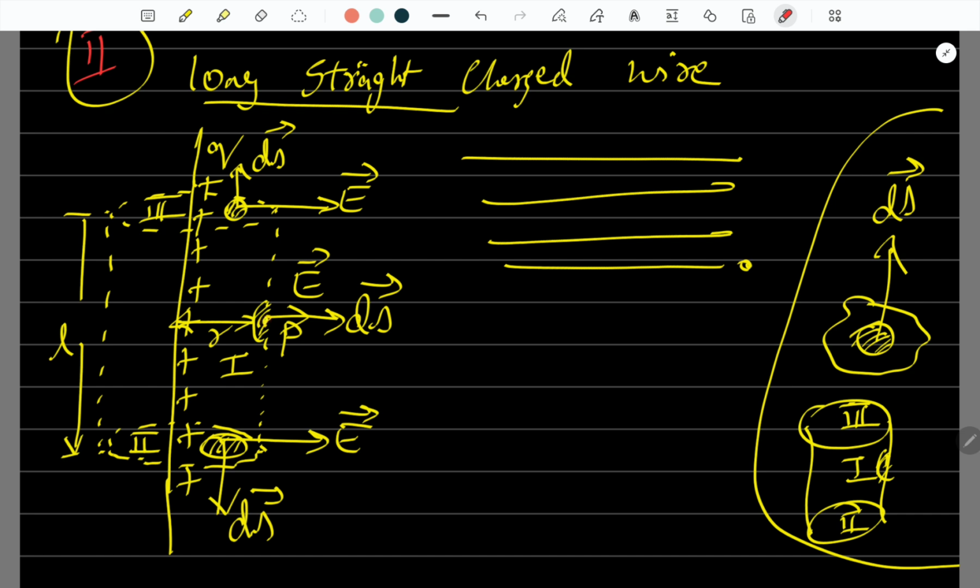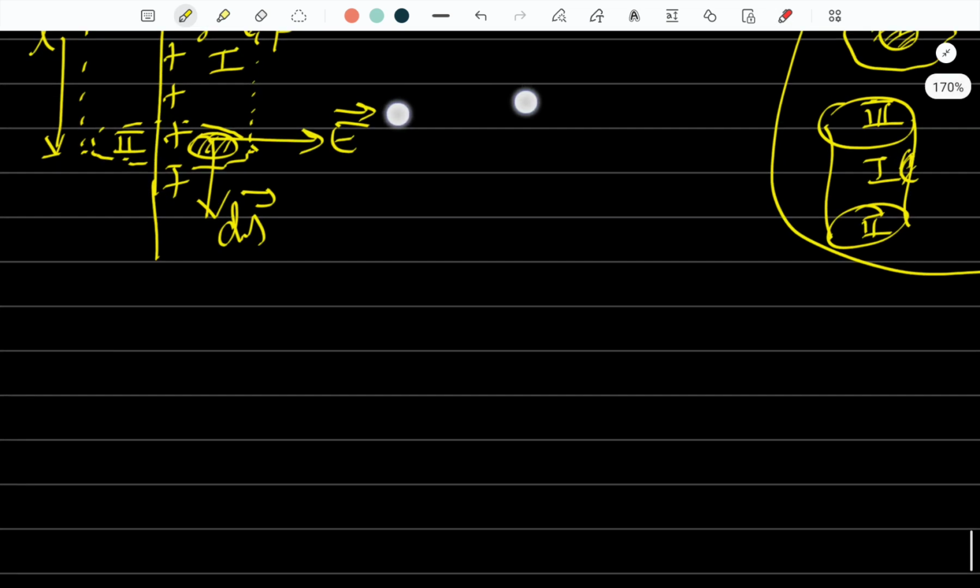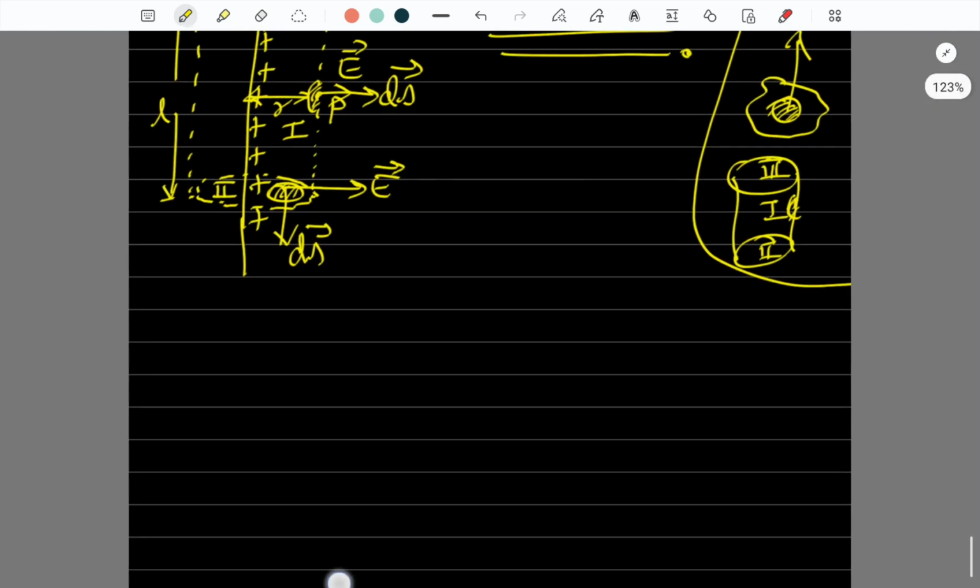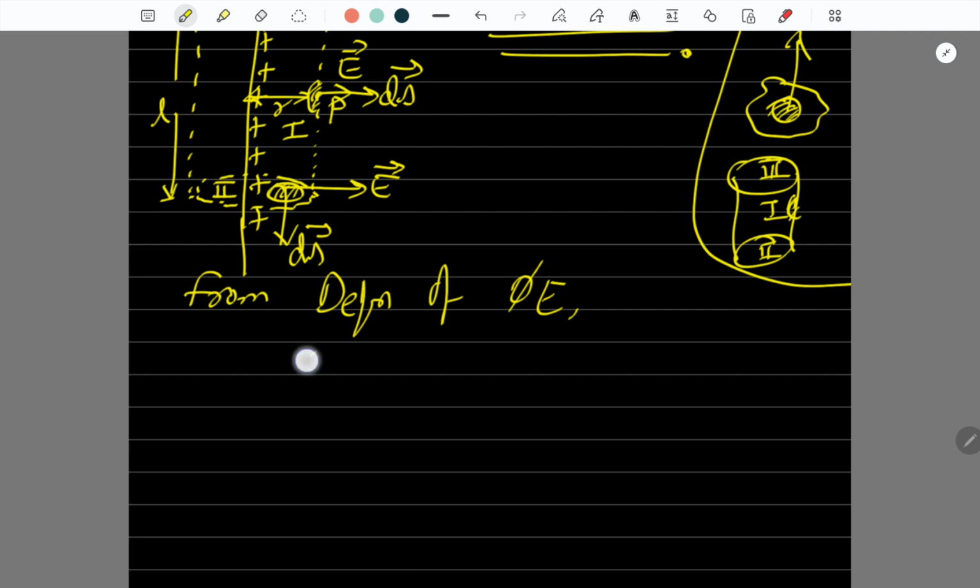After that, we wrote, consider a Gaussian surface in the form of a cylinder of length L and radius small r. After that, consider a small area element ds at point P. After this, we write again as usual the same way that we usually write, from the definition of electric flux, electric flux is equal to integral E dot ds.